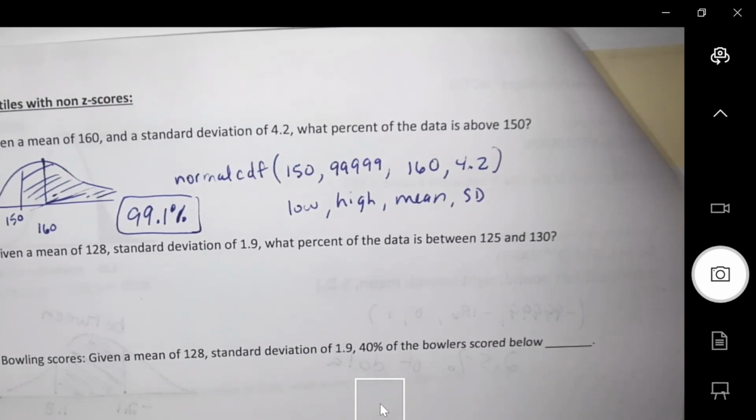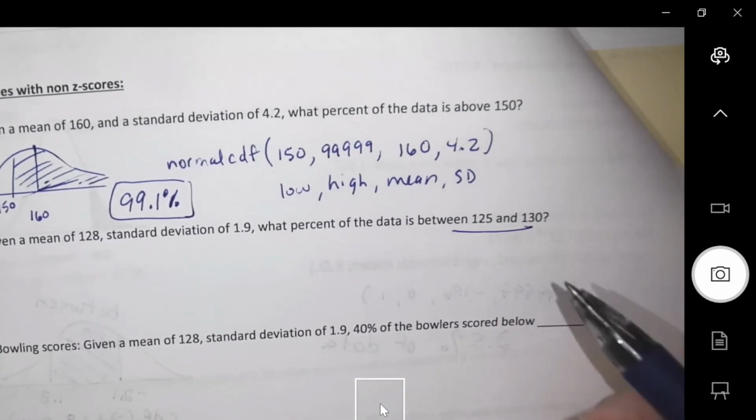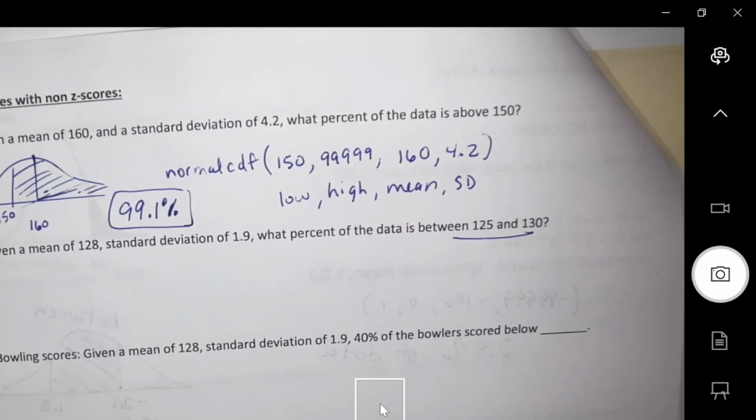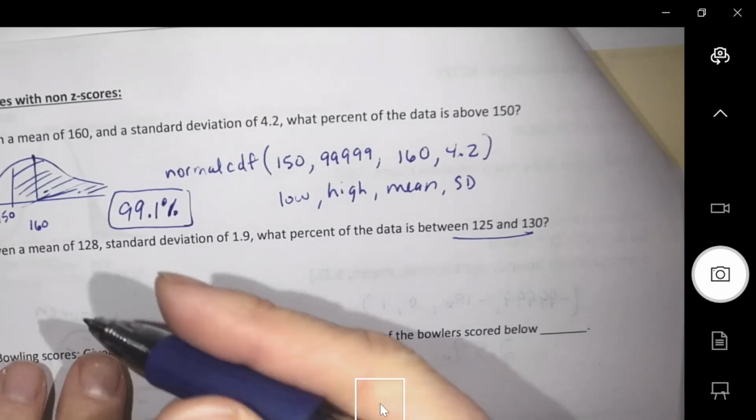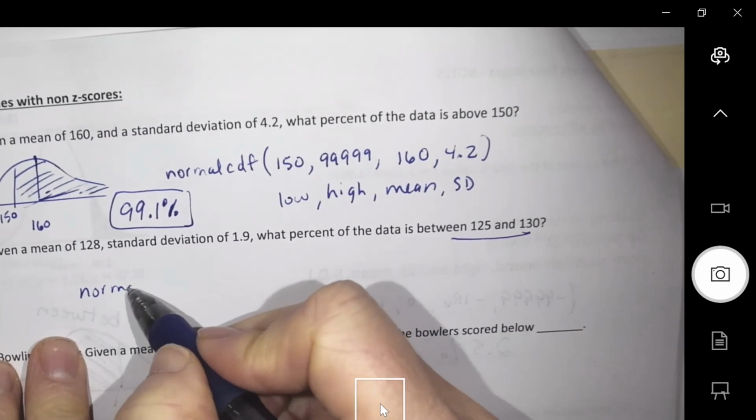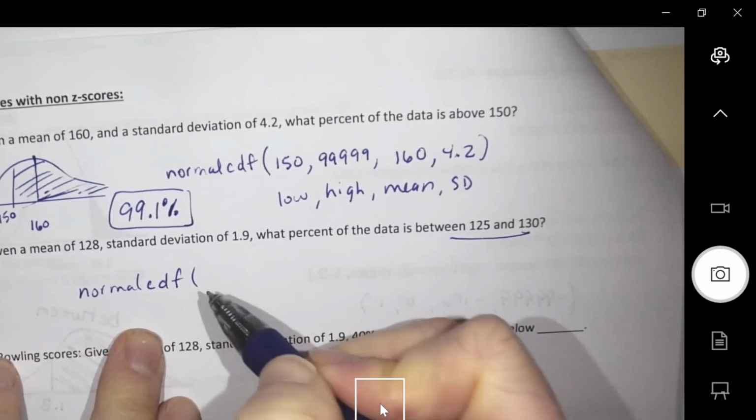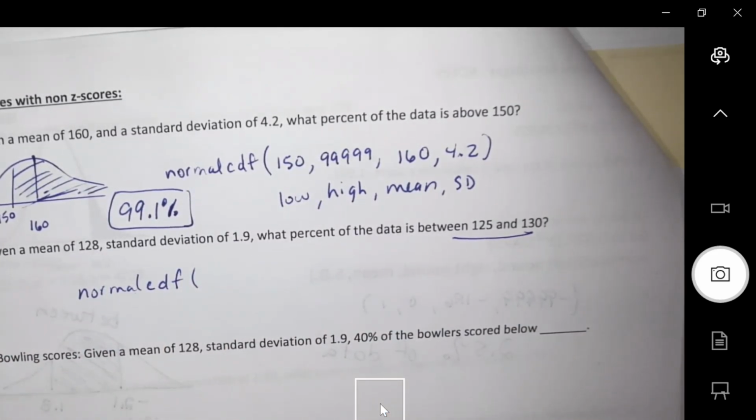Okay. Given the mean and this standard deviation, what percent is between? So what percent is normal CDF? What's the low to the high? What am I going between?